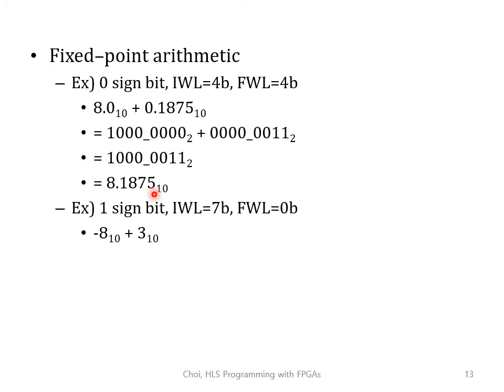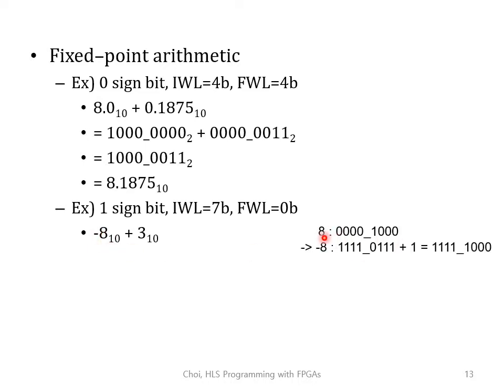Let's take a look at another example. In this case, we have one sign bit, 7 bits of IWL, and no FWL. And we're going to add -8 and 3. Let's first convert -8 into binary representation.